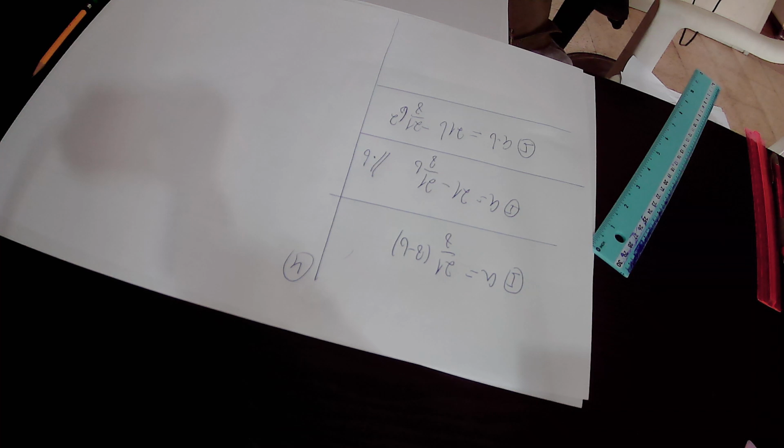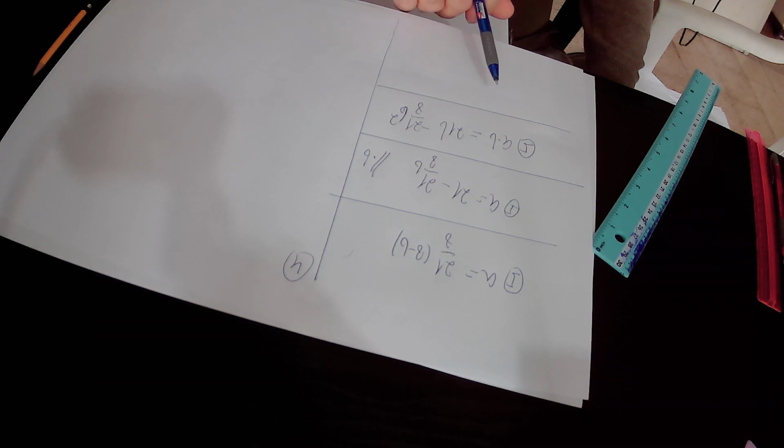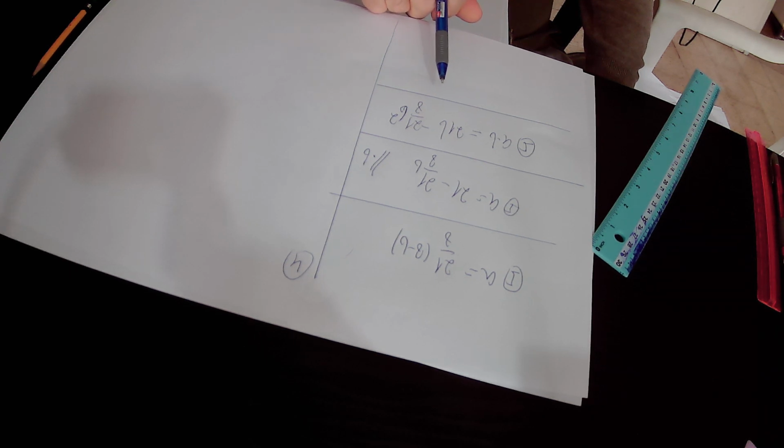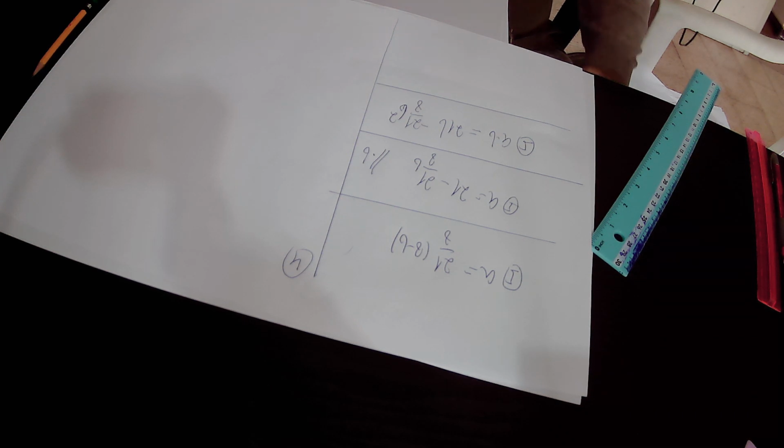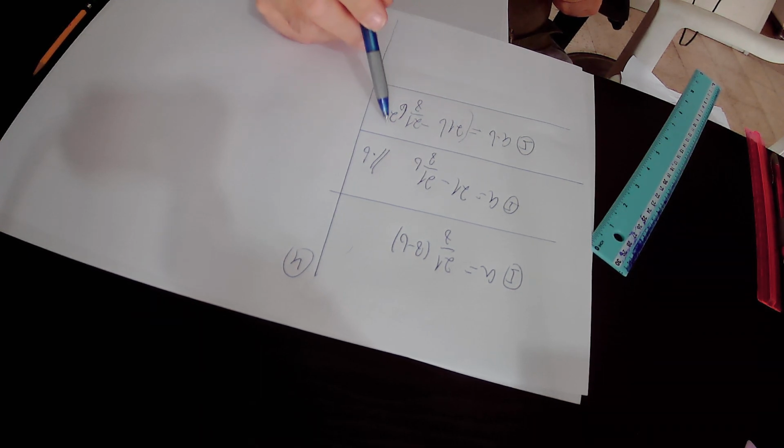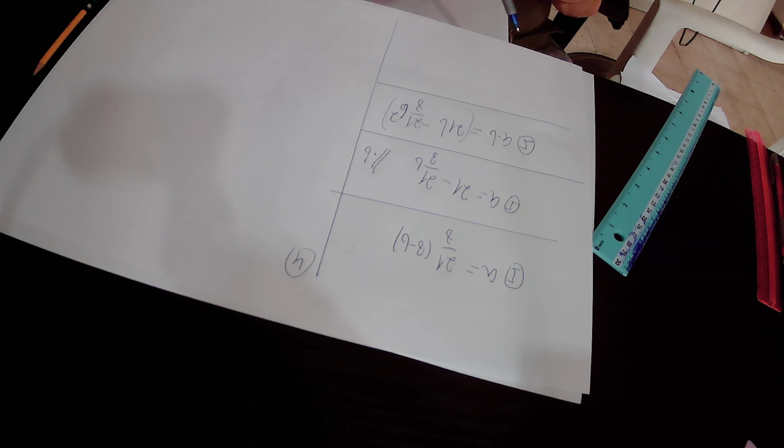So actually our mission is to find out the maximum value of this function, 21b minus 21 over 8 times b squared. In order to find out the maximum, what is the value of b that gives us the maximum value of this expression, that is actually the area of rectangle PQST?